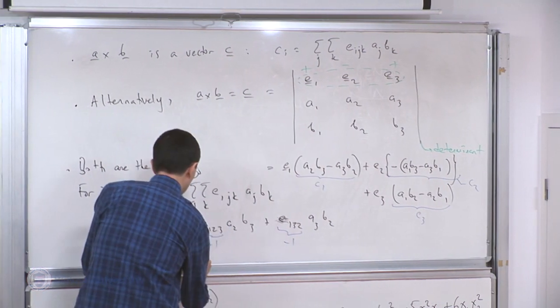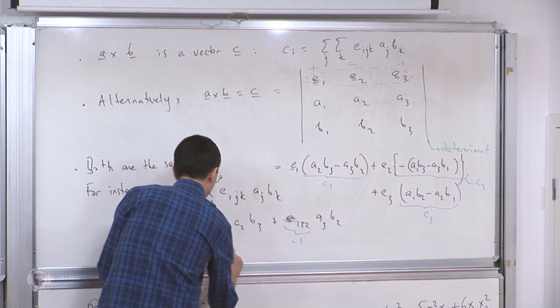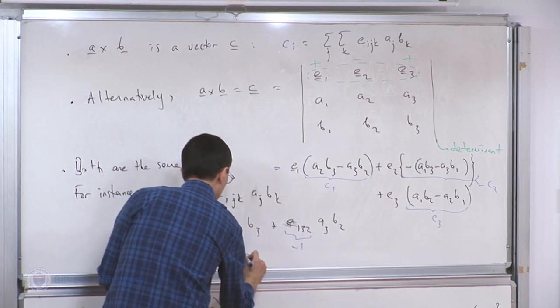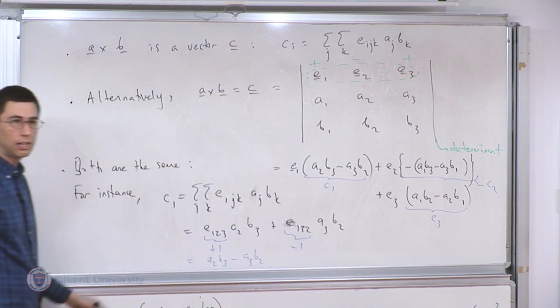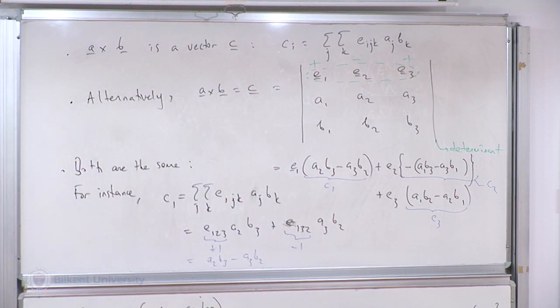So this is equal to A2B3 minus A3B2, which is exactly what I had. Okay, so the two are equivalent. It's just a different way to express the same quantity. All right. Any questions so far?